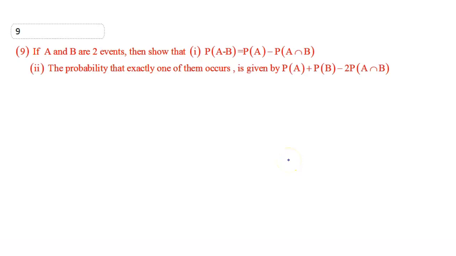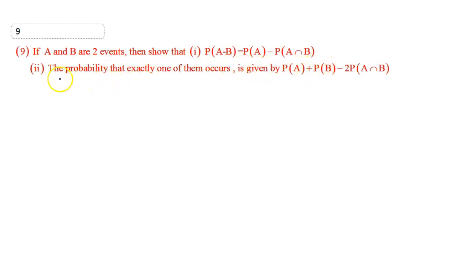That P of A minus B is equal to P of A minus P of B. I mean P of A minus B. Right. So here if A and B are two events, then show that P of A minus B is equal to P of A minus P of A intersection B is the first condition.